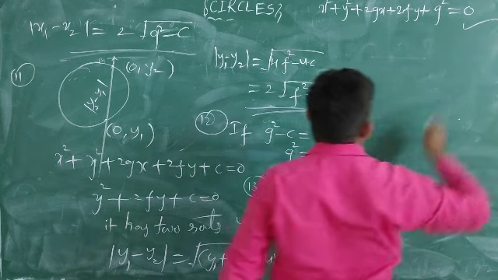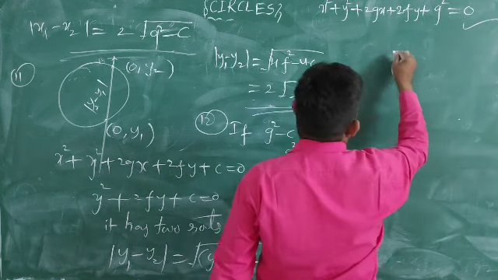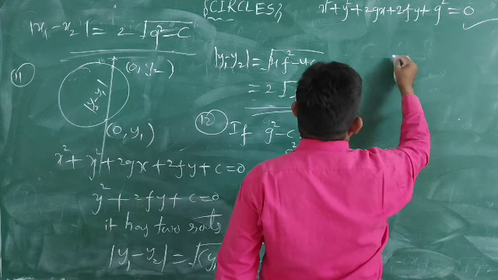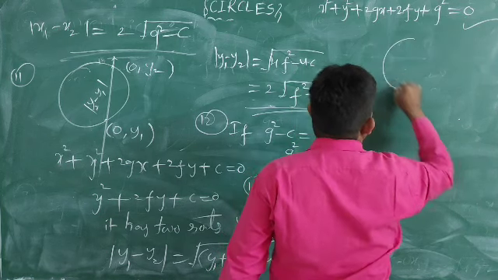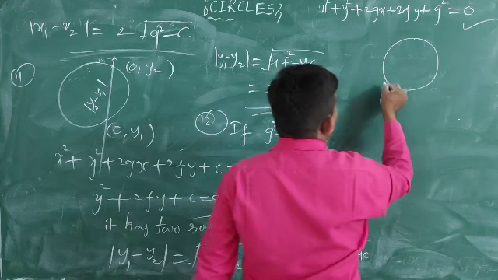This is the first one, and its diagram is as follows. Suppose the x-intercept is equal to 0.